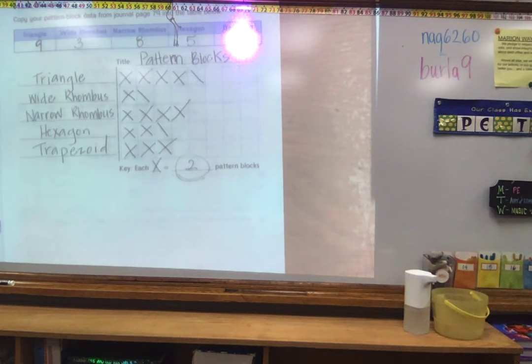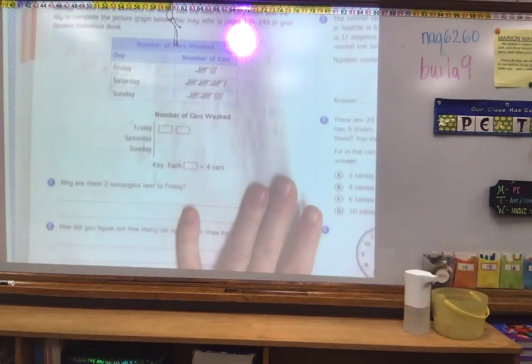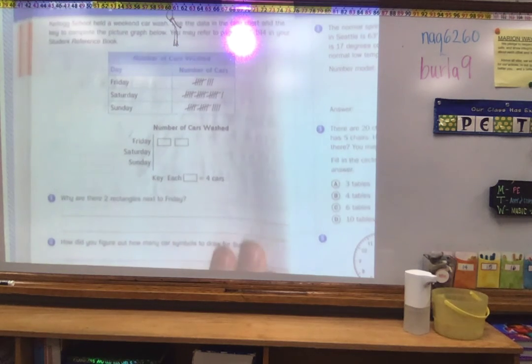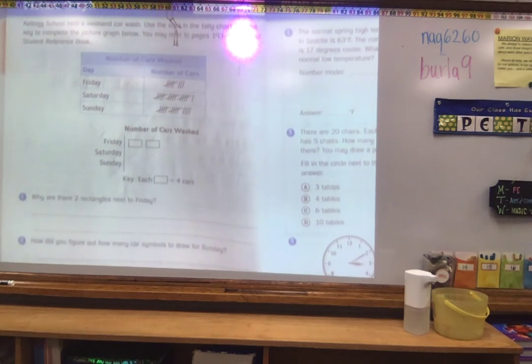Okay, so now you are going to take your knowledge of making a picture graph, and we're going to do our workbook page 82. The directions say, Kellogg School held a weekend car wash.